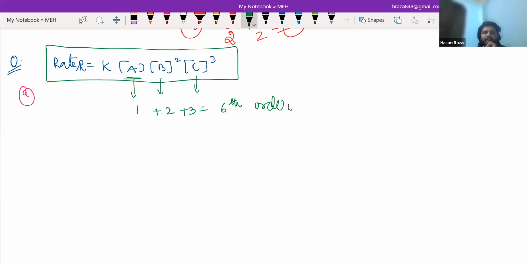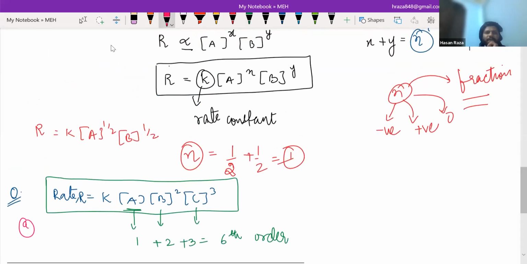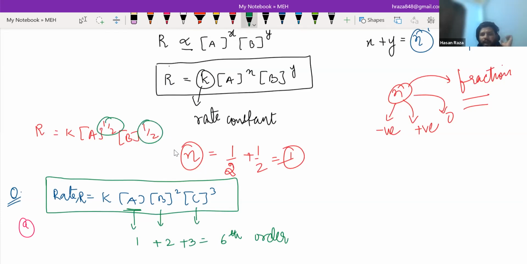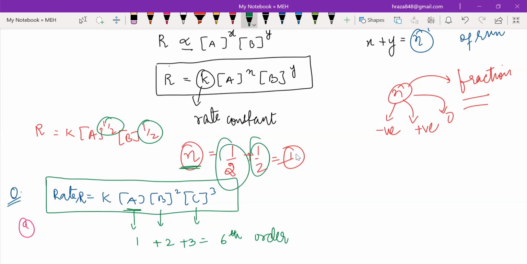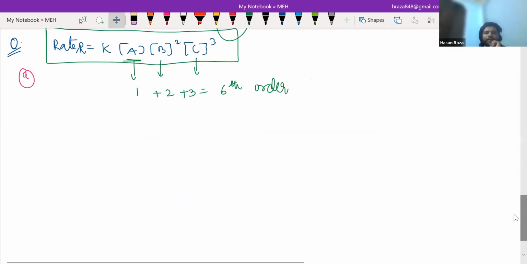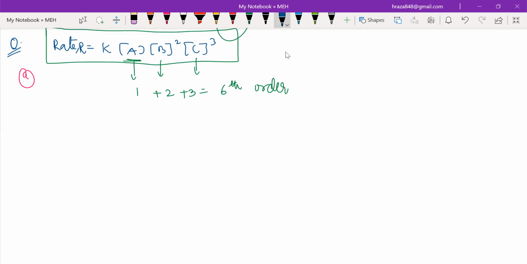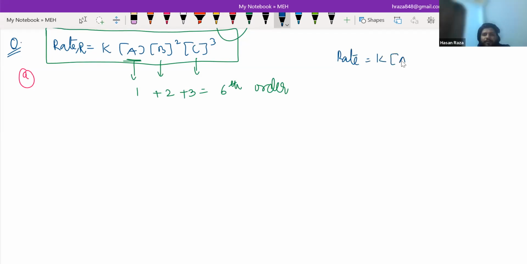It's so easy. What did I do in the last question? What is the order of the reaction? What I did here, I added the powers. If you add the powers, you will get the order of reaction. Half plus half. Yes, sir. You forgot everything, right? So can you tell me the order of reaction?